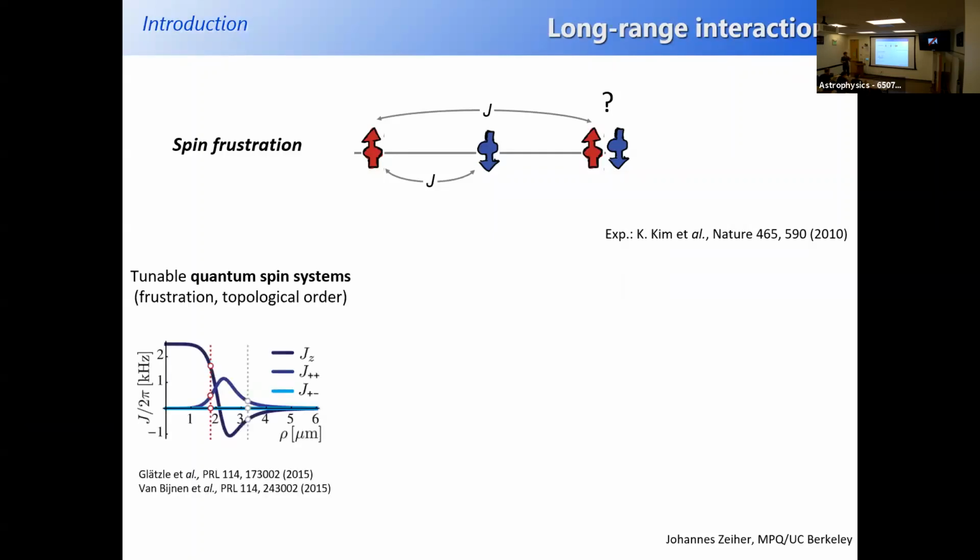And in this spirit, there have been very many ideas, very many proposals on systems that show very interesting phases, very interesting effects, just because of this interplay of long-range interactions and competing interaction-induced length scales with a second length scale in the system. For example, these tunable quantum spin systems.